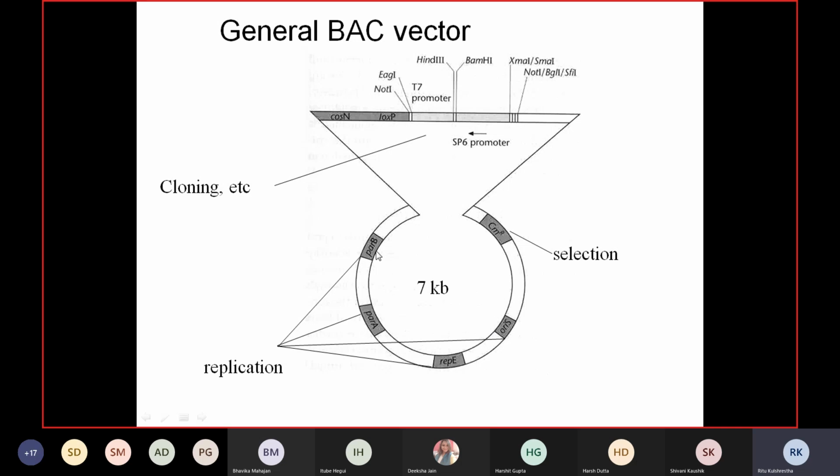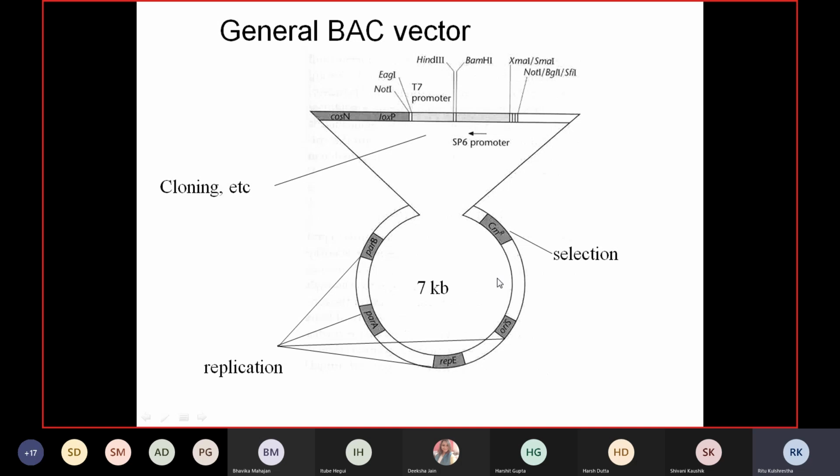Similar is the function of the par genes or the partition genes, which are very important for these vectors to be stably maintained, as well as segregated into the progeny of the bacteria. So these are very nicely partitioned into the daughter E. coli cells. So these are parA, parB, repE, oriS. These are definitely present in these BAC vectors.